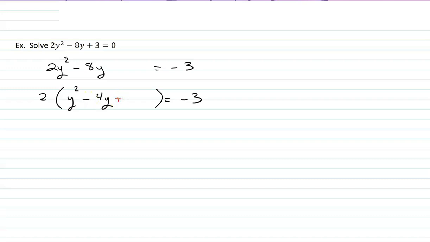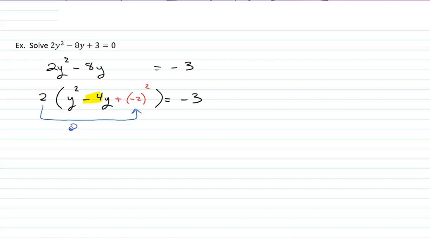Here it is: half of minus 4 is minus 2. Minus 2 squared is 4, so I'm just going to write down minus 2 squared. But here's the catch. The actual value that we are adding is not just 4, because there is this 2 outside that's being multiplied into the bracket.